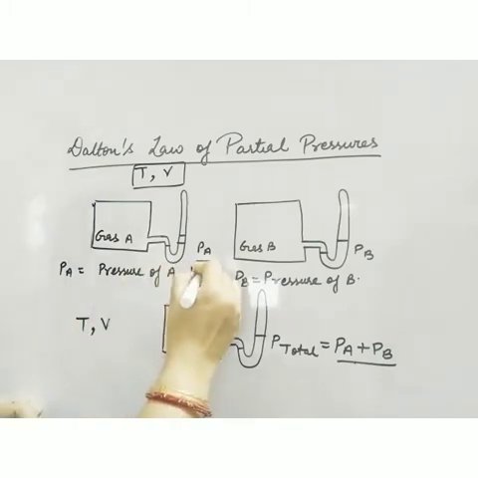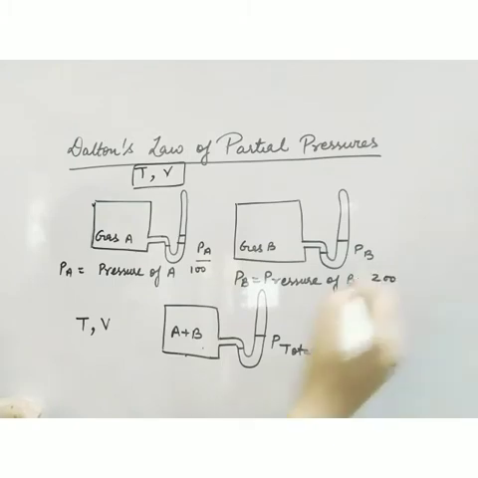Suppose this PA is 100, this PB is 200. Here also it will be 100 plus 200 only. So this is Dalton's law. So Dalton's law says that whenever 2 or more gases are there and the gases are mixed together, the total pressure is equal to the sum of partial pressure of each gas.